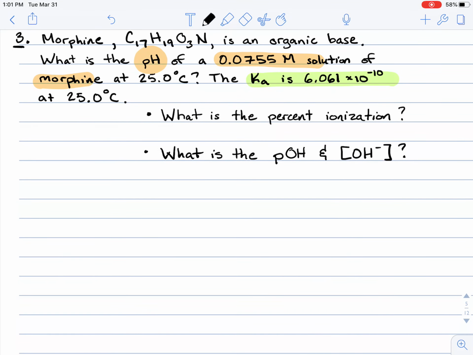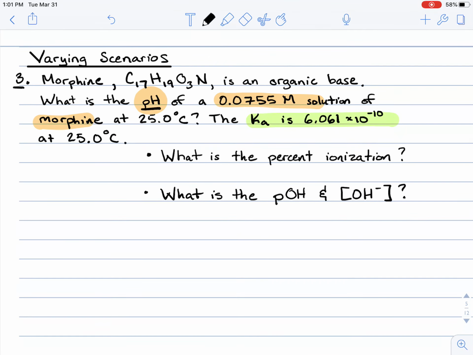All right, so once again, to determine the pH of the solution, we need several things. We need the concentration of H plus at equilibrium. And to determine the hydrogen ions at equilibrium, we're going to get that by solving for X in the mass action expression.